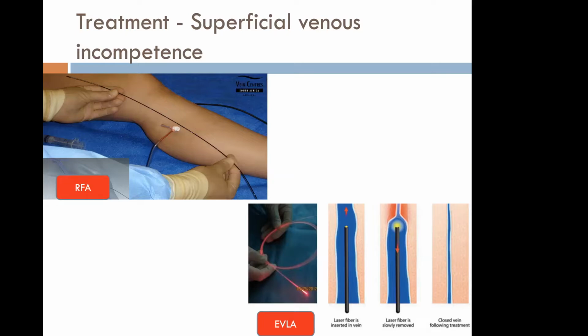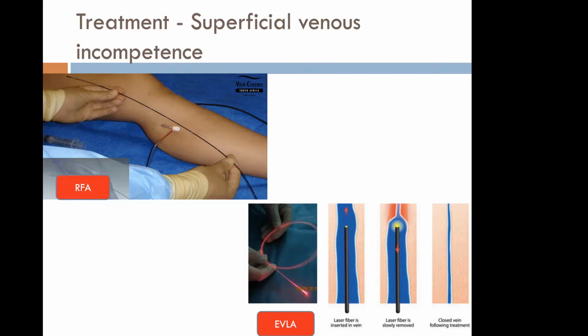Now, on the top left part of the screen, that's an example of a procedure where they're using radiofrequency ablation. So you get a catheter which has a 7 centimeter long tip, and you access the great saphenous vein via a sheath, which you can see on the proximal leg on the medial aspect, and we start burning the vein endovenously, or from within, 2 centimeters from the saphenofemoral junction.